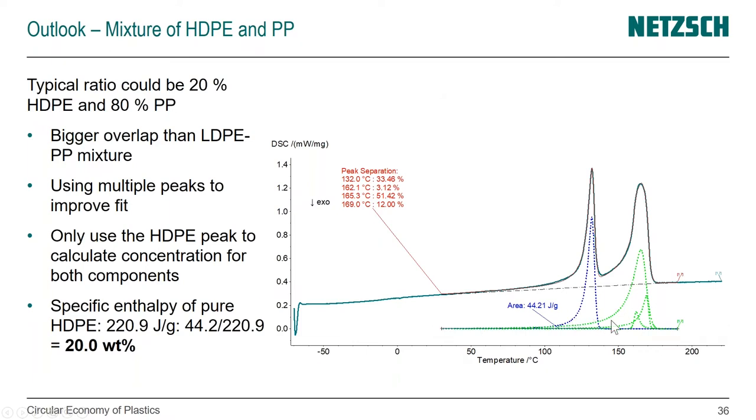What we did here is a mathematical trick to get a better fit to the curve, by telling the peak separation tool to use 4 peaks rather than 2. That's really just a mathematical feature.